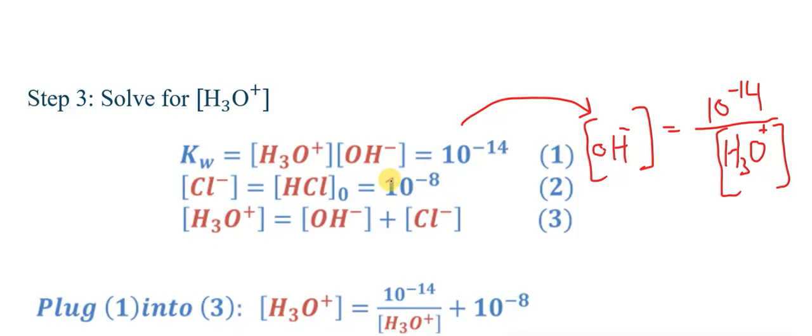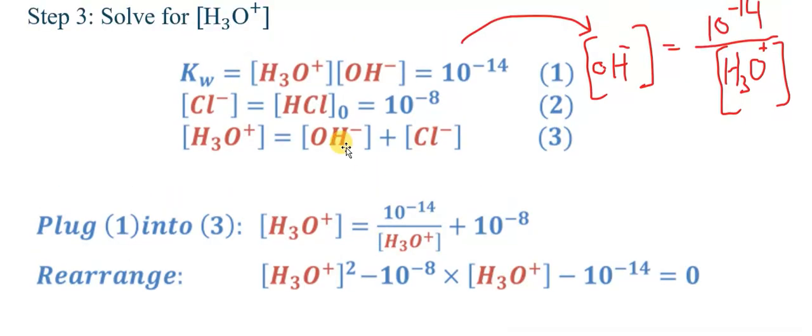We want to calculate the hydronium ion. Why? Because we want to calculate the pH, and for the pH, the hydronium ion calculation is necessary. The hydronium ion is equal to the hydroxyl ion plus the chloride ion, because in the solution the number of hydronium ions is equal to the number of hydroxyl ions plus chloride ions.